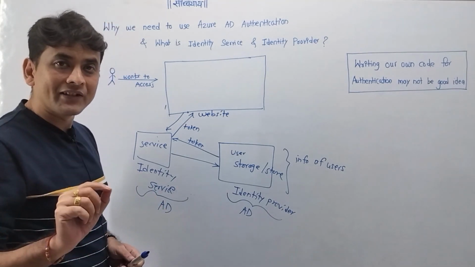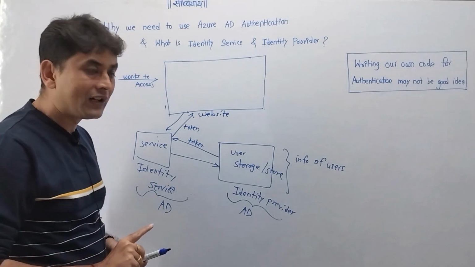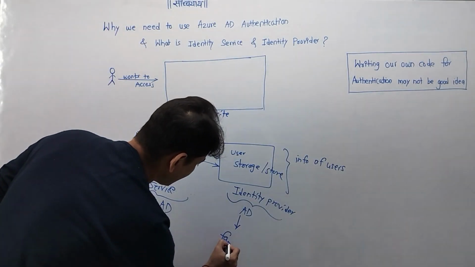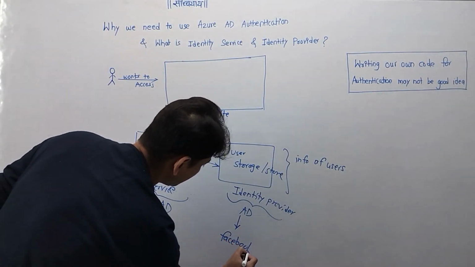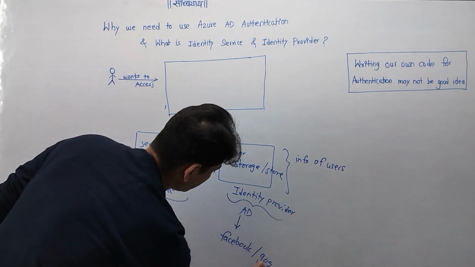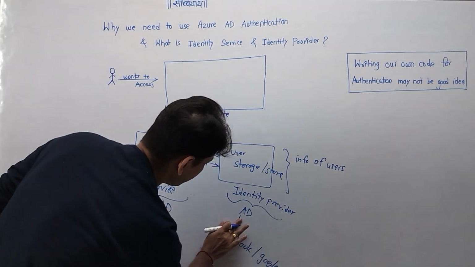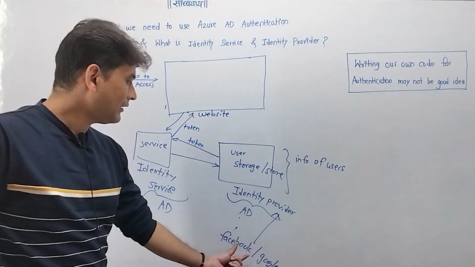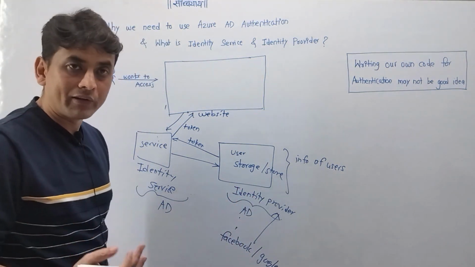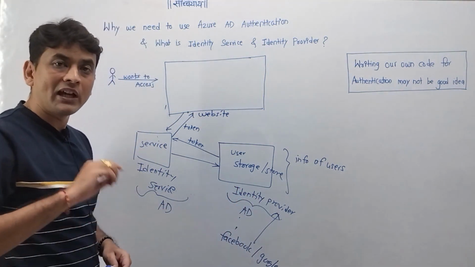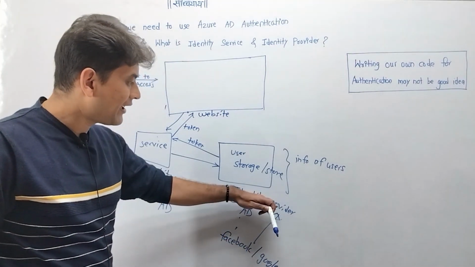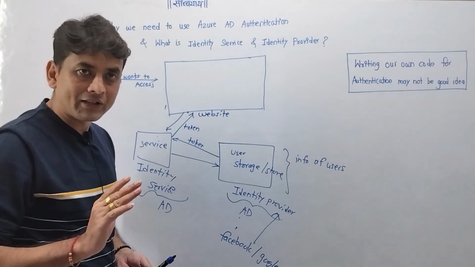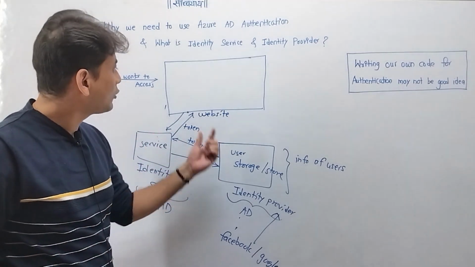And now if we consider an example of Facebook or Google, so these are our identity providers. Right. So Facebook or Google, they are our identity providers, and mostly if we are using Facebook or Google as identity provider, that means they store the information of the users who want to access our website.